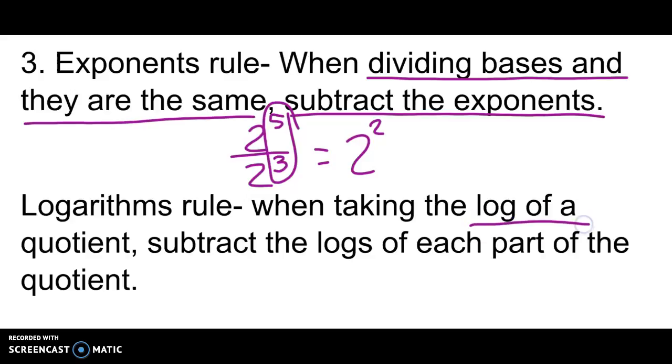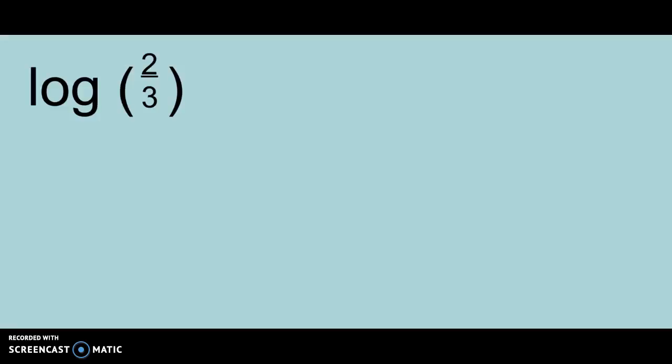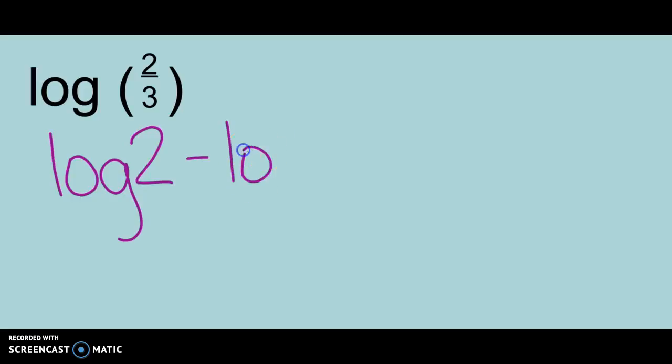When you're taking the log of a quotient, you're going to subtract the logs. So let's look at one, the log of a quotient. You're basically going to do log of 2 minus log of 3. That's all you do. And you can check that with your calculator again and make sure that that comes out the same. All right, let's play around with a couple of them that are on your worksheet.